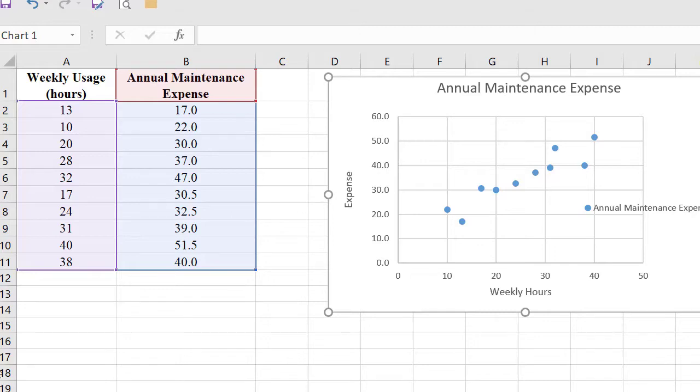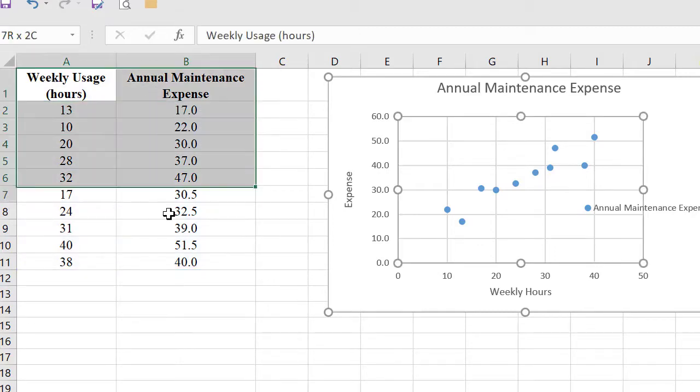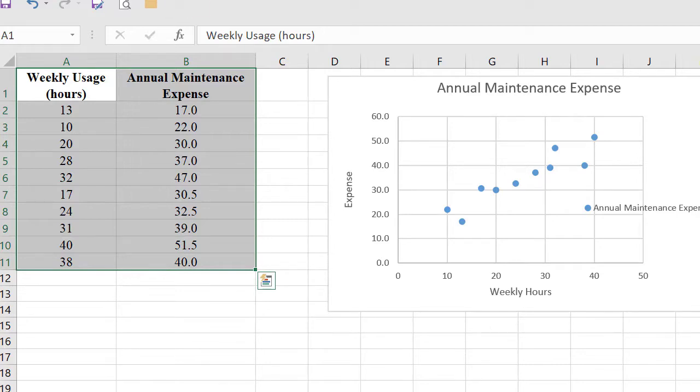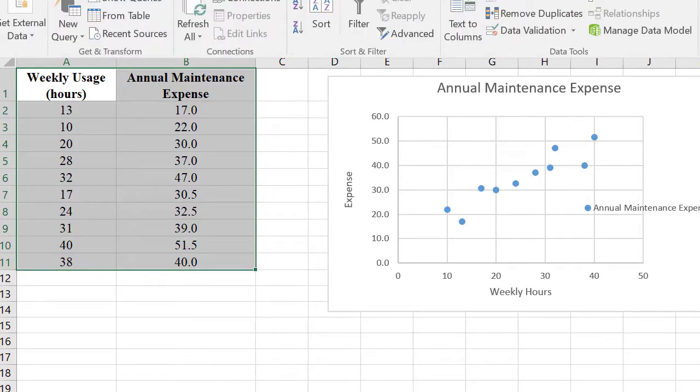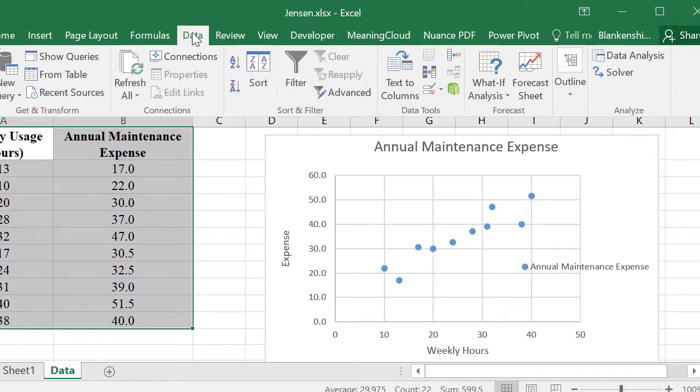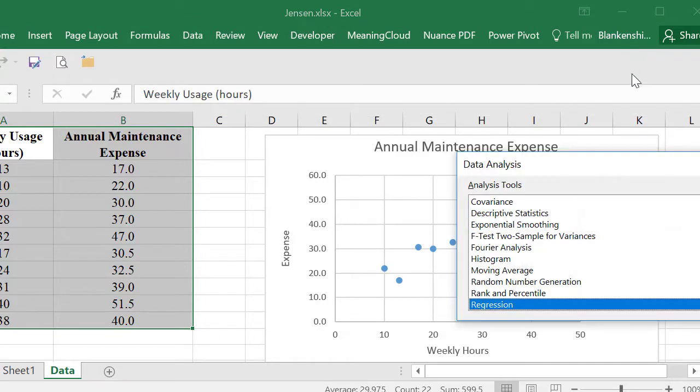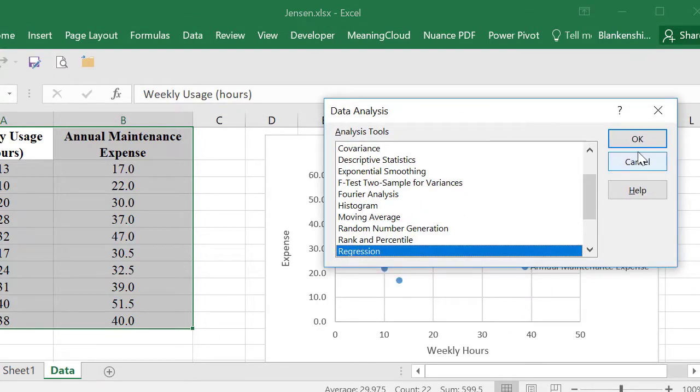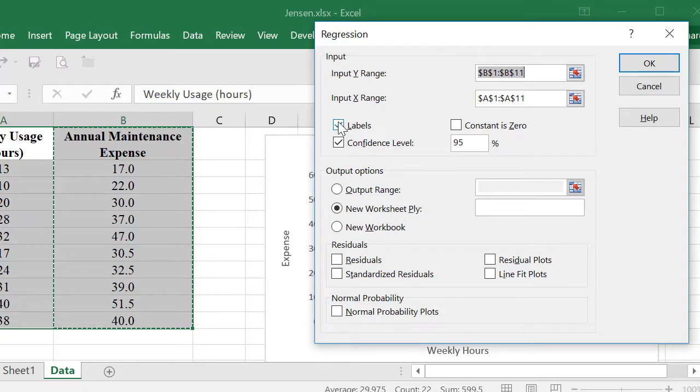So what you want to do here is literally highlight everything again, go to your Data tab, select Data Analysis, and then choose Regression. I've already input those values, so B1 to B11 is my Y range, and A1 to A11 will be my X range.